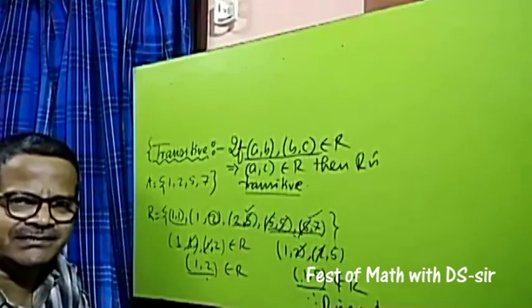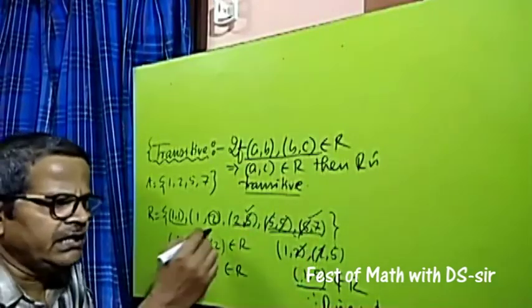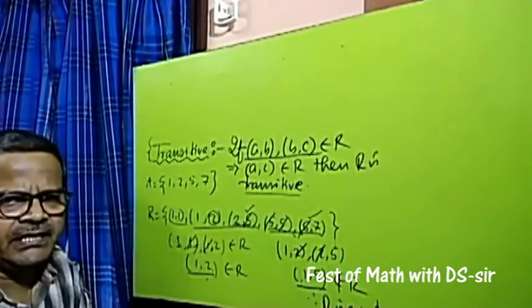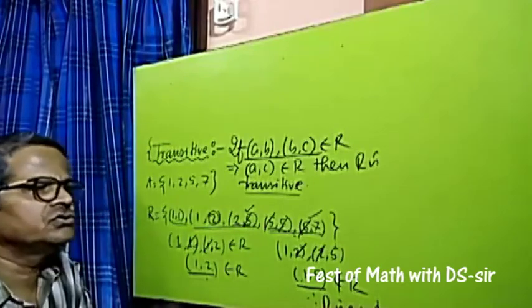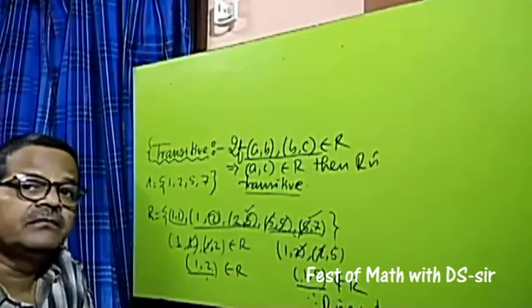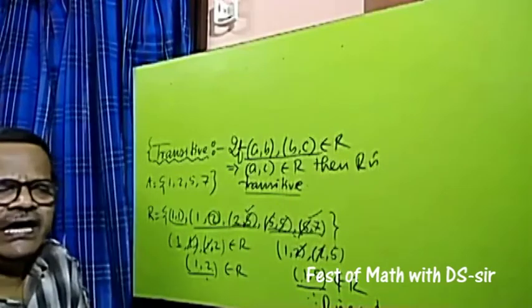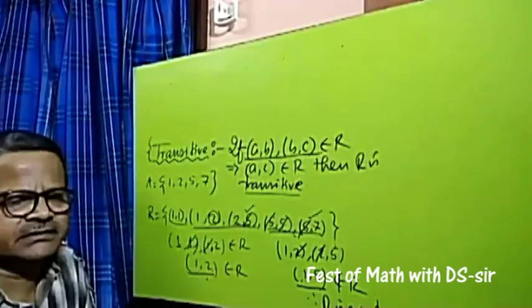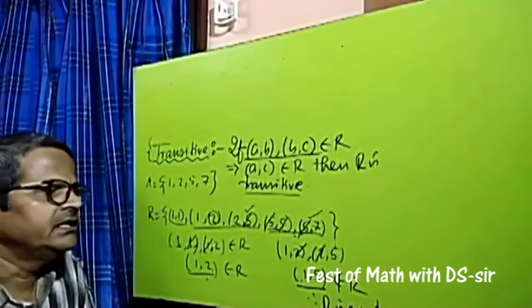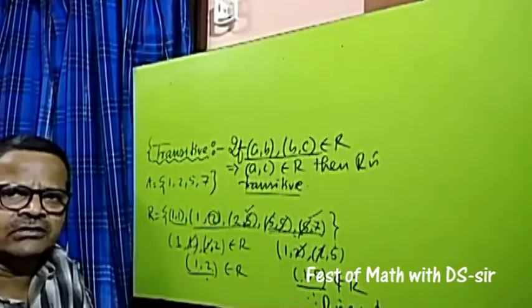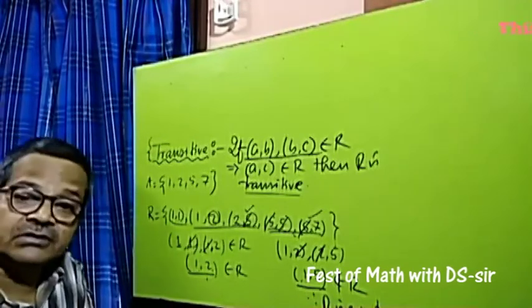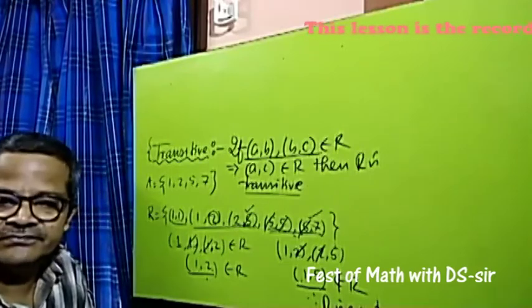Yes, (5, 7) is there. Only the earlier pair does not show the transitivity property. If at least one pair does not show transitivity, then the total relation is non-transitive.